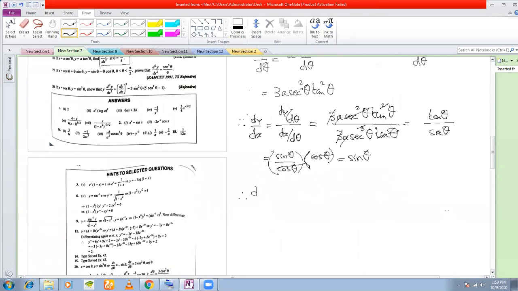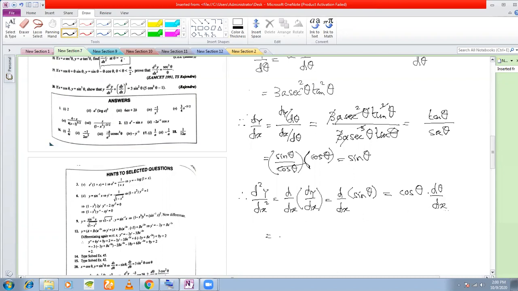Therefore, what is d2y dx2? It is ddx of dy dx, which is ddx of sine theta. First differentiate sine with respect to theta, you get cos theta into d theta dx.